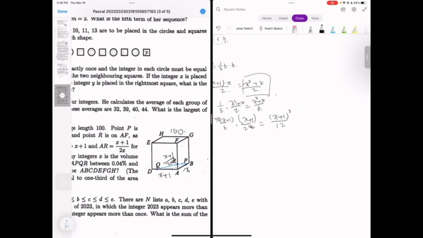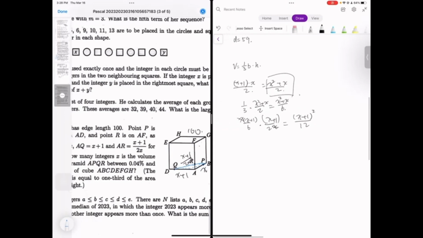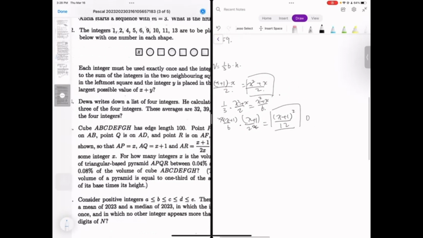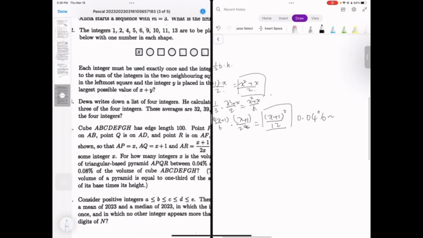And then we know that it says the volume is 0.04% to 0.08% of the volume of the cube.